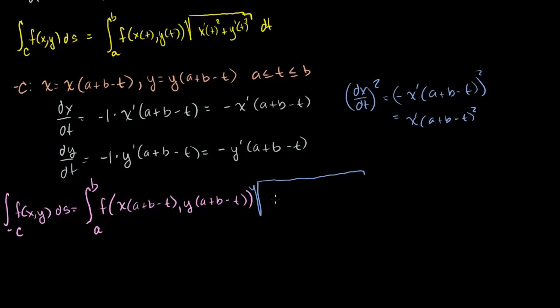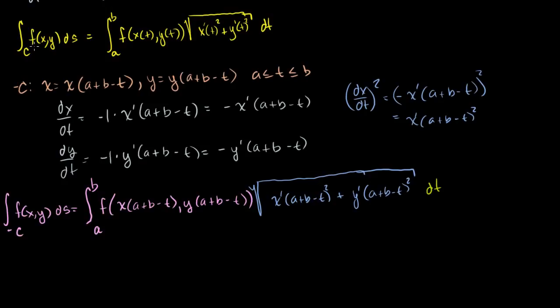So that's going to be equal to x prime of a plus b minus t squared, plus dy dt squared. By the same logic, you lose the negative when you square it, y prime of a plus b minus t squared. Close the radical, and then all of that dt. So that's the line integral over the regular curve C.